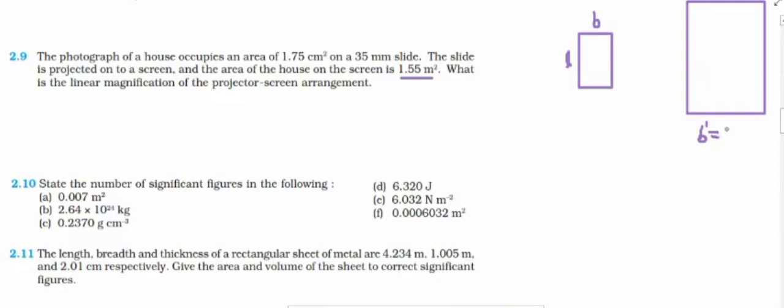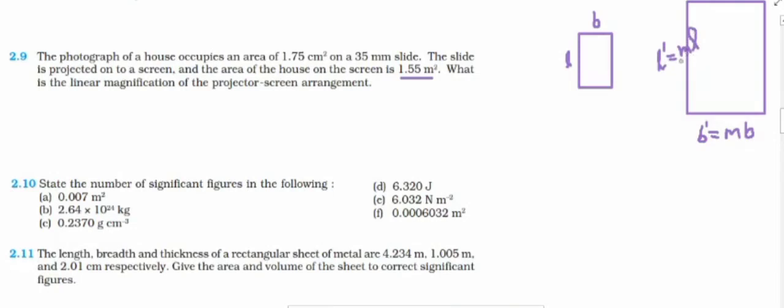B dash is equal to MB, because magnification M, B dash by B, is equal to M. Similarly, L dash is equal to ML.